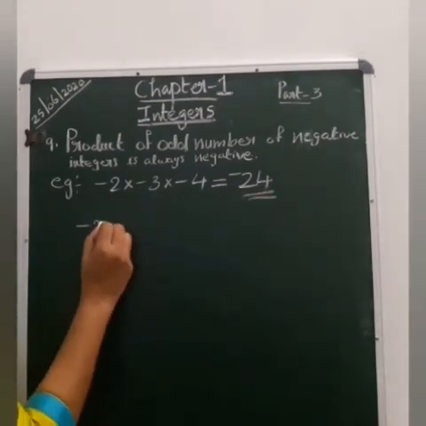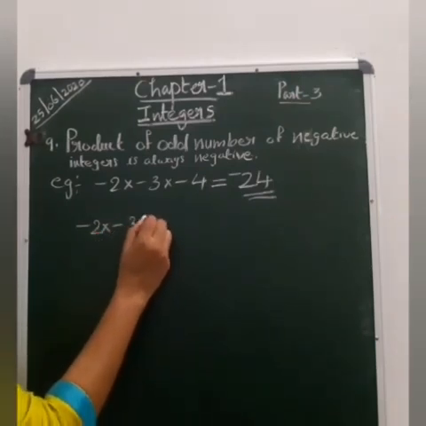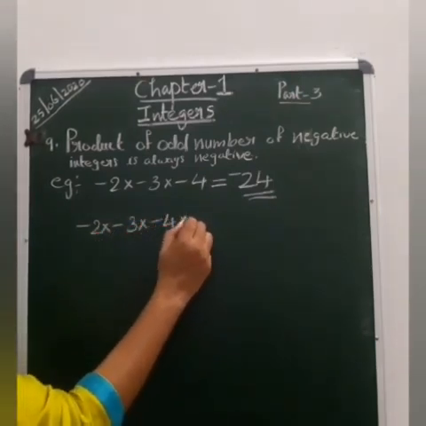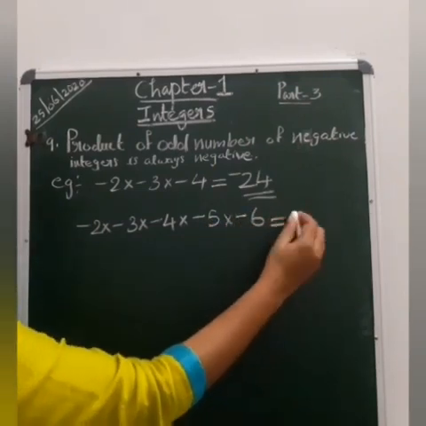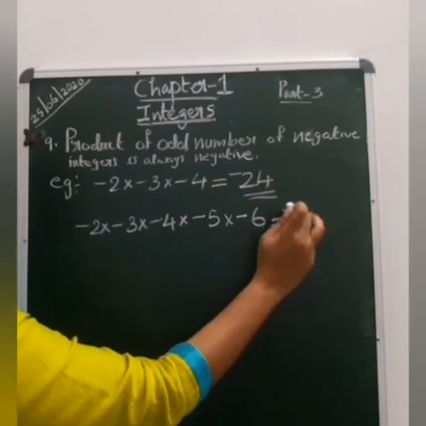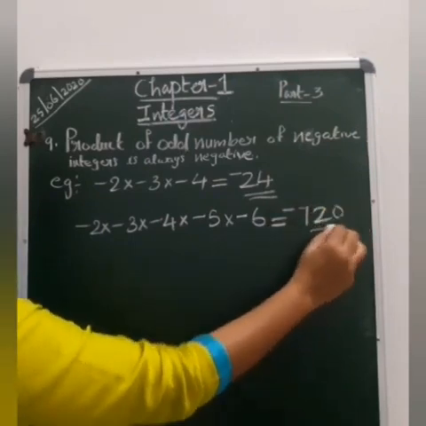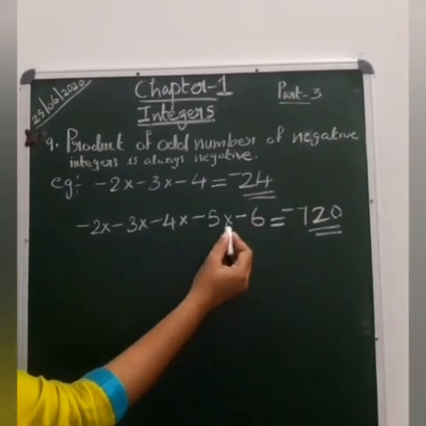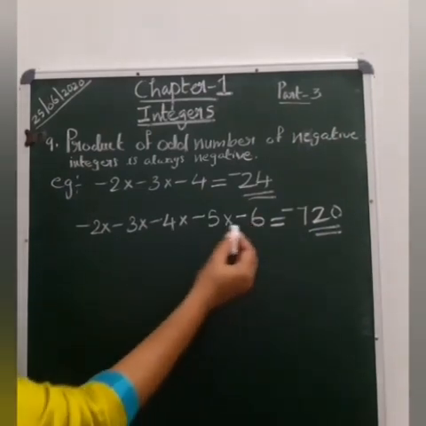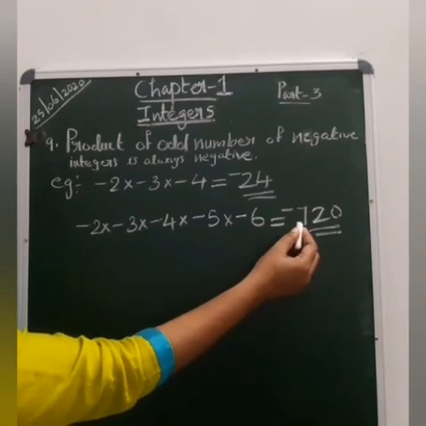Another example, minus 2 into minus 3 into minus 4 into minus 5 into minus 6 is equal to minus 720. Here the number of integers is 5, which is an odd number, and its product is negative.